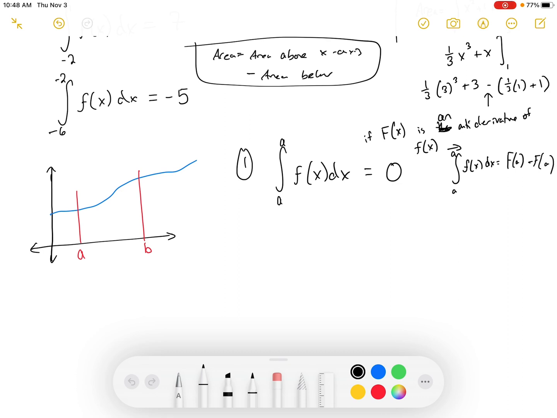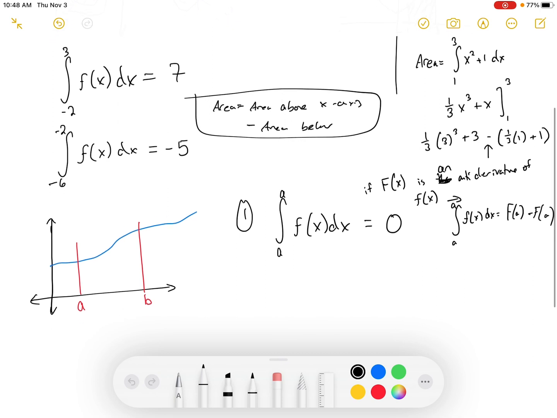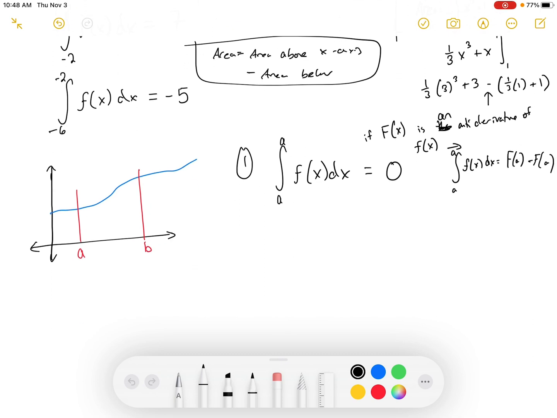That's exactly what we did up here with my 3 and my 1, where I took F of 3 minus F of 1, where F was the antiderivative, big F. So this is rule number 1: if my lower limit and my upper limit are the same, I'm going to have 0.